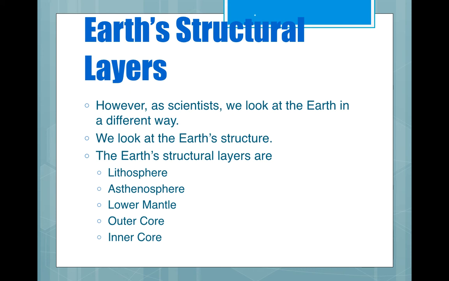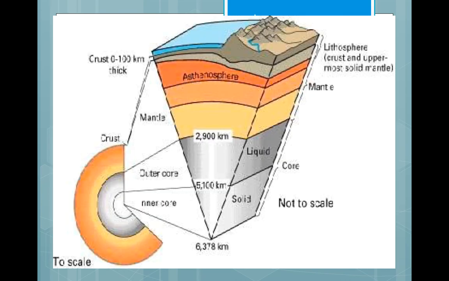So everything that we know about the interior structural layers of the Earth, we find out because of those seismic waves. So what does this look like? You guys have probably seen this image. This is the compositional layers and the structural layers. Here are your compositional layers over here.